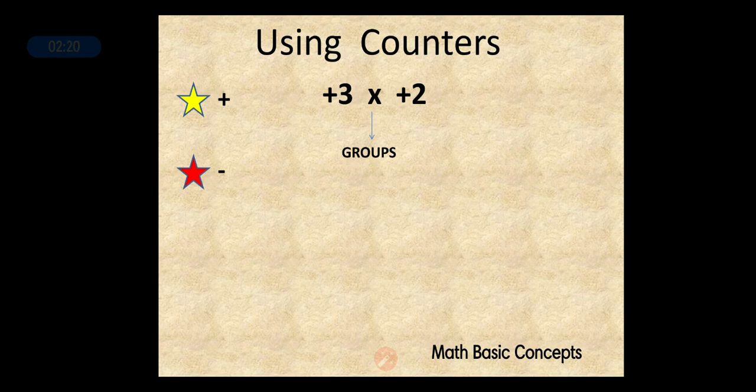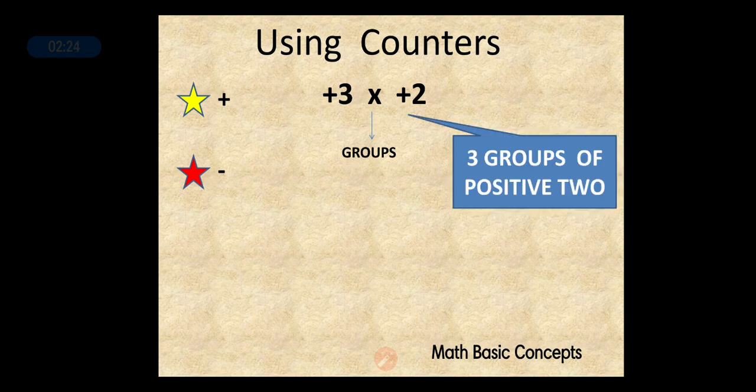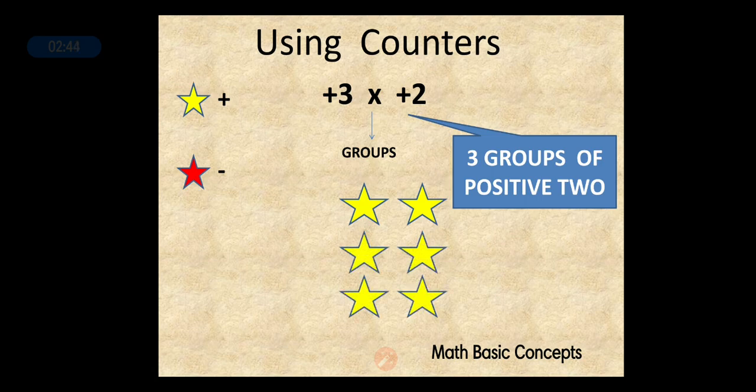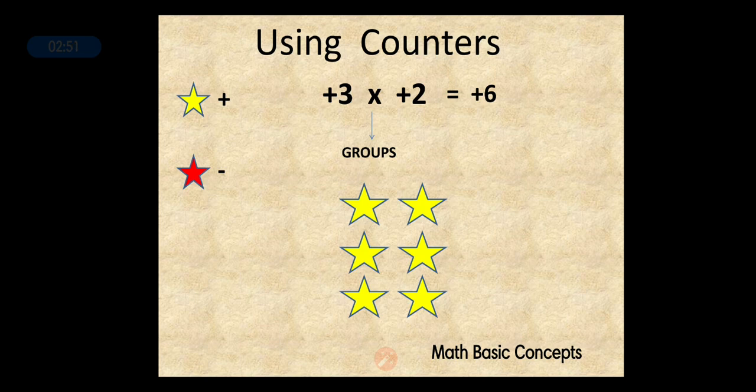Multiplication means you are making groups, so we want three groups of positive 2. Positive 2 is nothing but two positives, so two yellow stars. Like that, we'll make three groups. Now when we count, we have six yellow stars. Yellow means positive, so we have six positives.